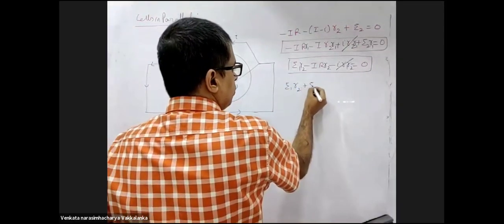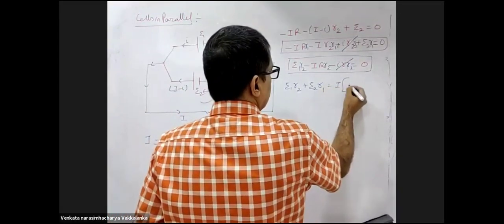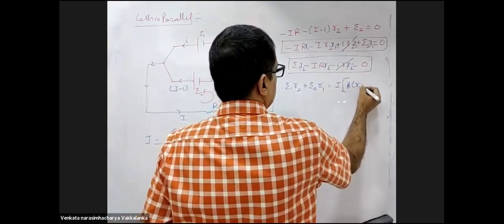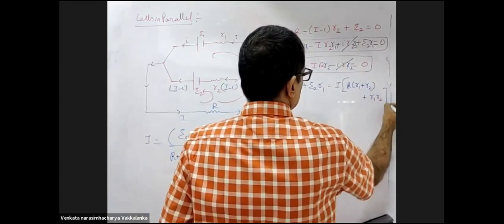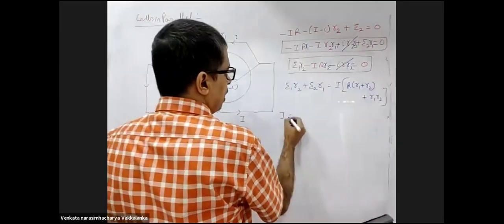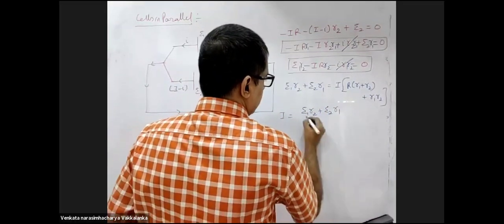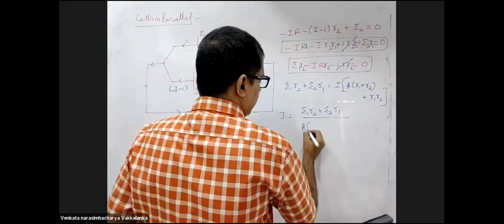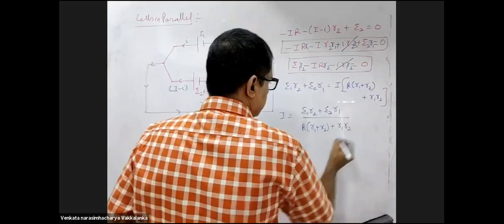E1 R2 plus E2 R1 is equal to I into R into R1 plus R2 plus R1R2. So I will be E1 R2 plus E2 R1 divided by R into R1 plus R2 plus R1R2.